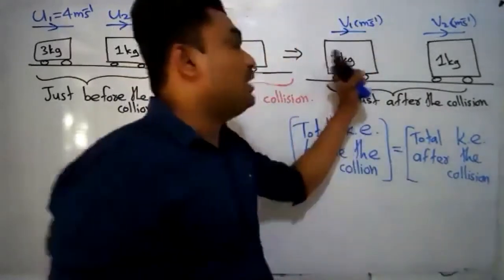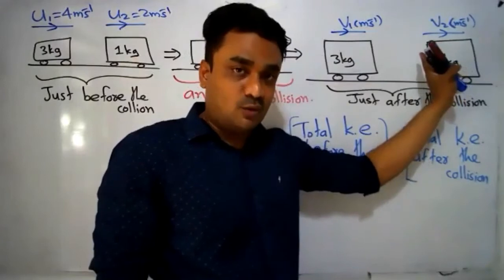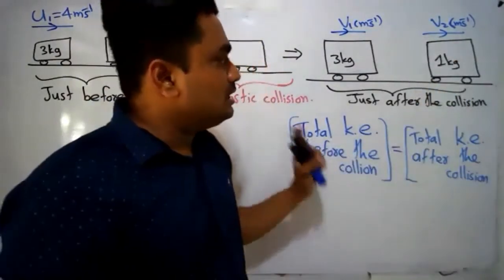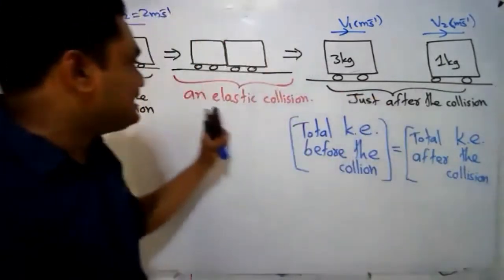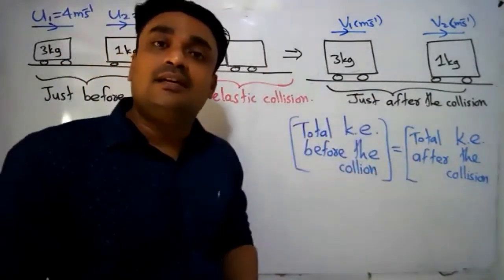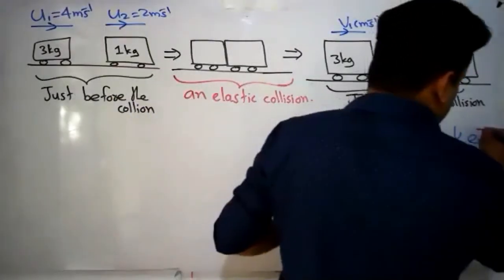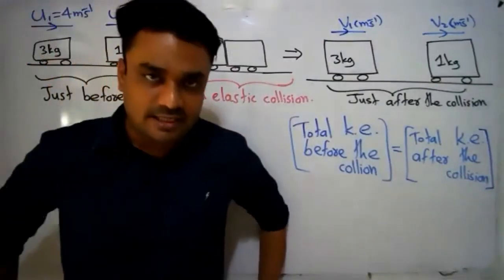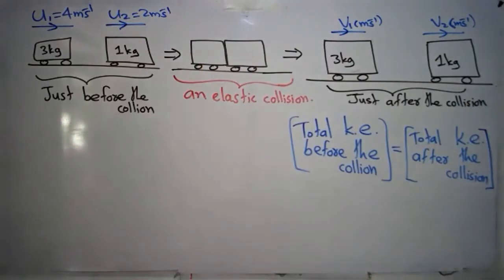Here, the velocities of both trolleys after the collision are not given. So we have to apply this equation, and we can apply it because it is said that the collision is elastic. So please write: as the collision is elastic, the following equation can be applied.